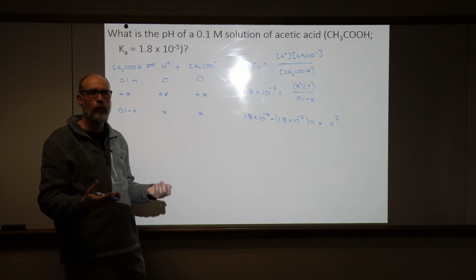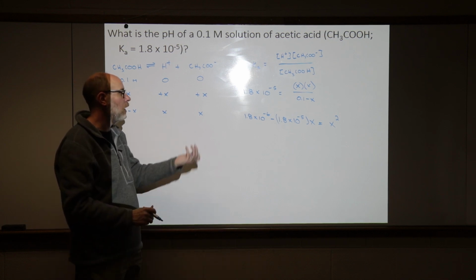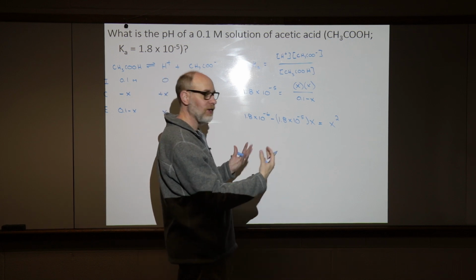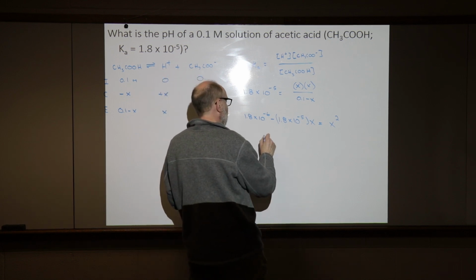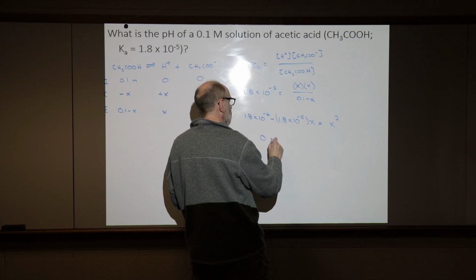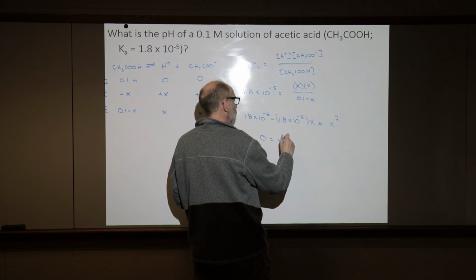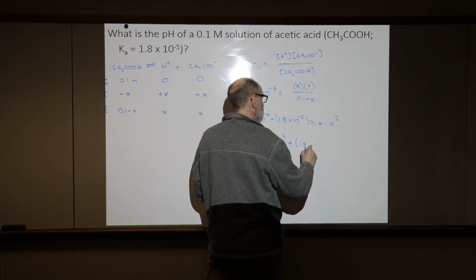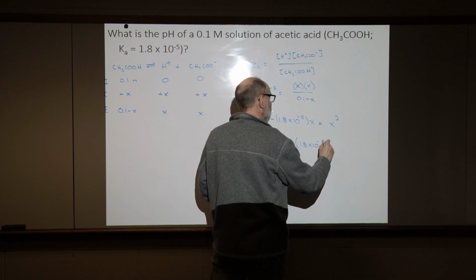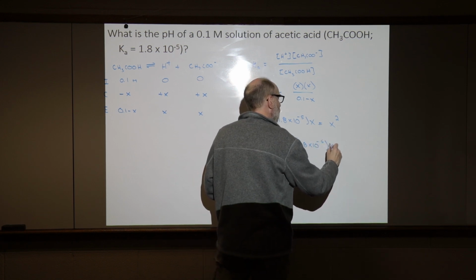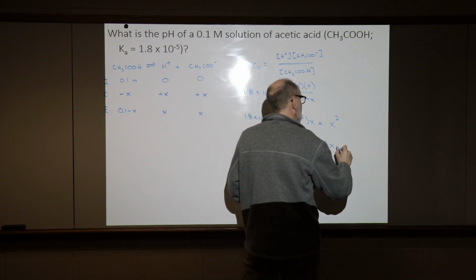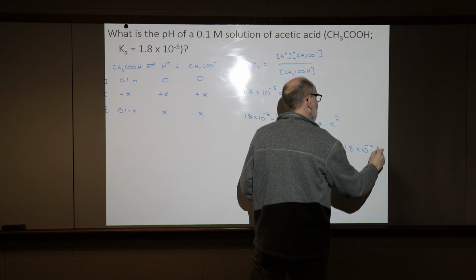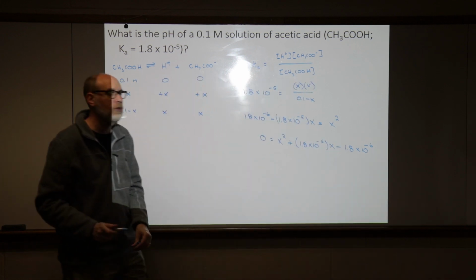Now, because we have a quadratic, we have to get everything in the right form, and remember there is a certain form for a quadratic, so we're going to take everything over to the right hand side, and we're going to get X squared plus 1.8 times 10 to the minus 5th times X minus 1.8 times 10 to the minus 6th, and all of that is equal to 0.